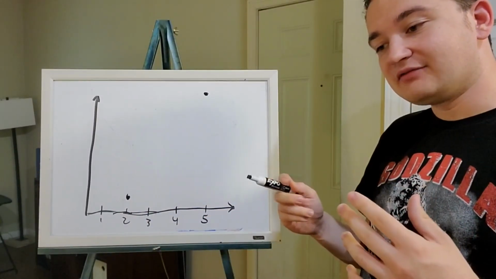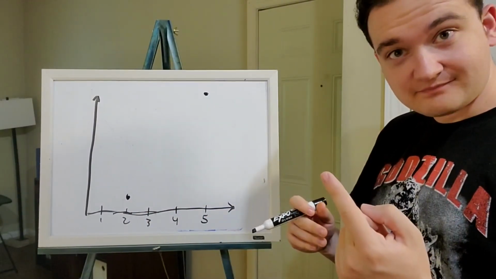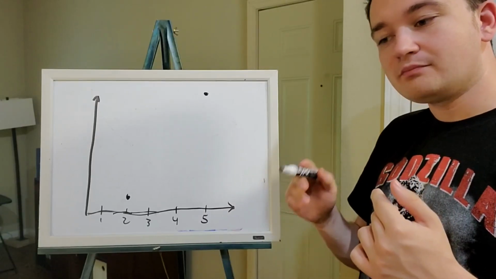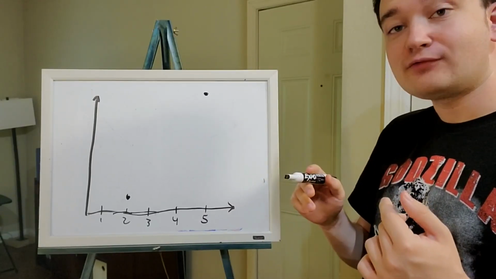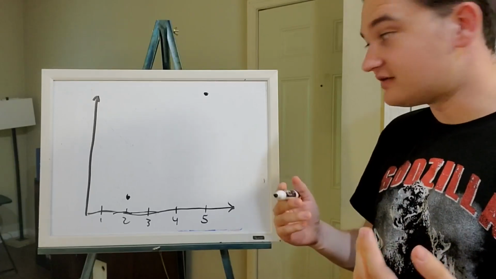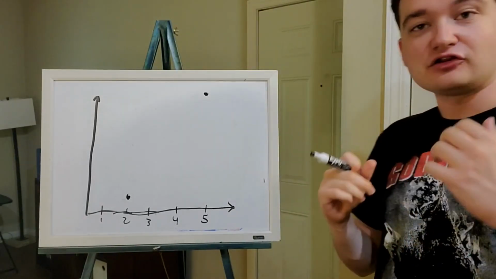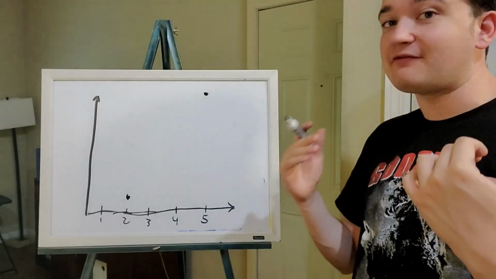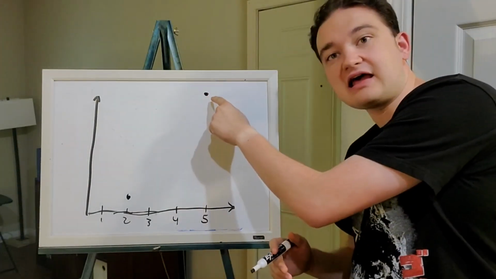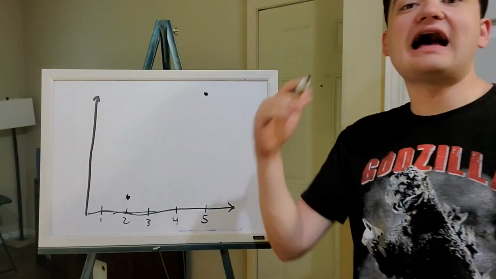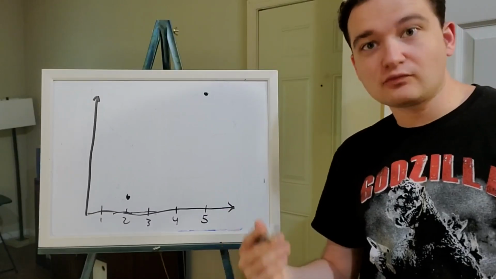And then finally, we have a local maximum at 3 and local minima at 2 and 4. What's that mean? Well, if we have a local maximum at 3, that means we have a point that's not as high as 5, but is higher than the points around it. What does that look like?